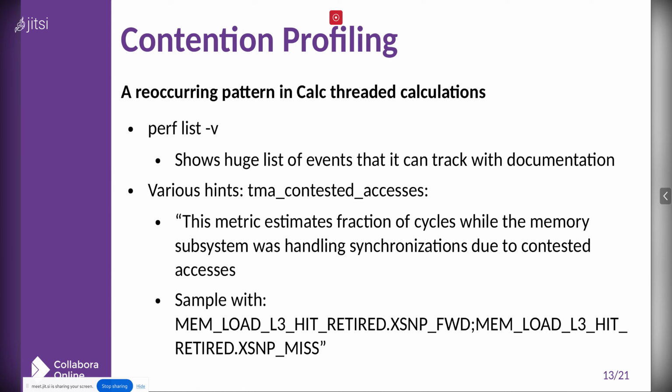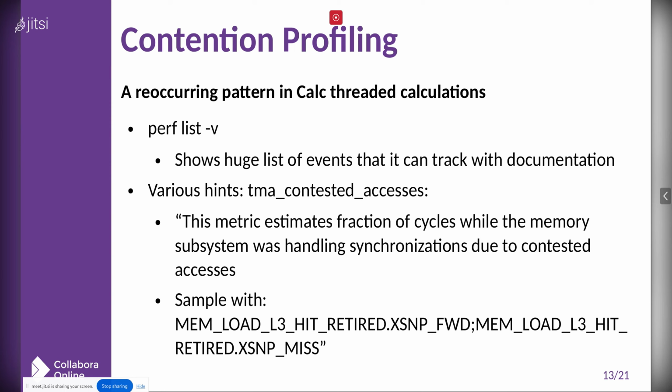And the long way around, we found that the right way to do this is we do perf list -v. It'll give you a list of the thousands of things that perf can profile on, not just the standard ones, but all these obscure mini little ones as well.